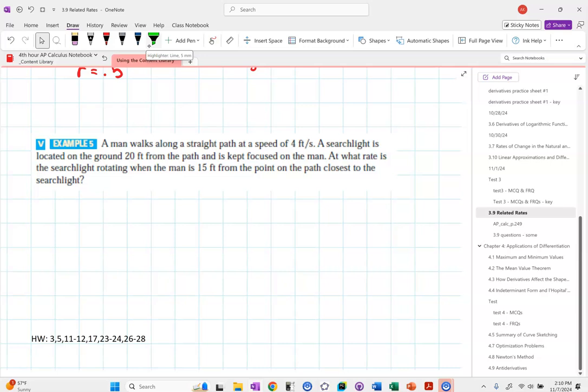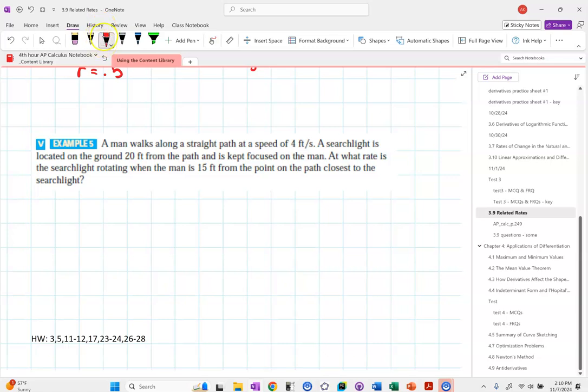Can you picture what's happening in your head? You know, like this is kind of the searchlight. Here's the man. As the man's walking, the searchlight's kind of turning to follow him. Does that make sense? So he's like walking along this path, and the searchlight is just kind of turning along that path to follow him. Does that feel okay about what we're picturing? Okay.